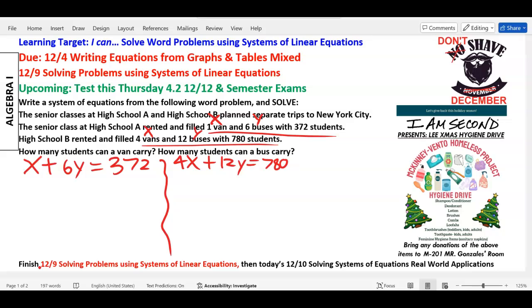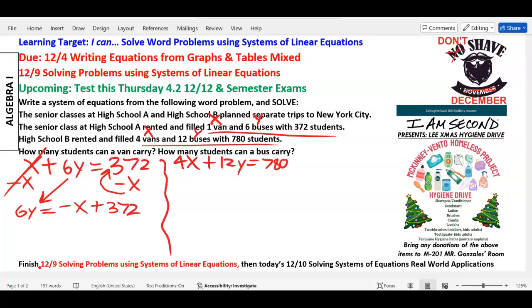But let's go ahead and solve these for y. We've been doing this the last couple days, so I'm assuming you kind of get this already. So I'm going to move a little bit faster than before. If I'm solving for y right here, I need to get rid of this x. It's positive, so I'm going to subtract x on both sides. Scratch that out. Remember, mx has to go in front of b. So I bring down 6y equals, the negative x goes first because that's my mx. The 372 goes second because that's my b, plus 372.